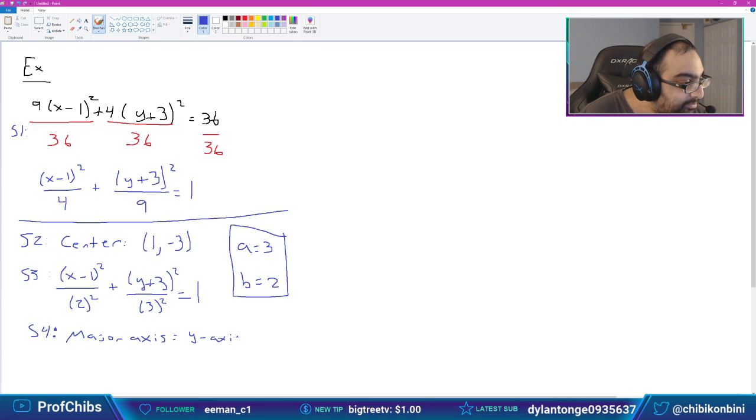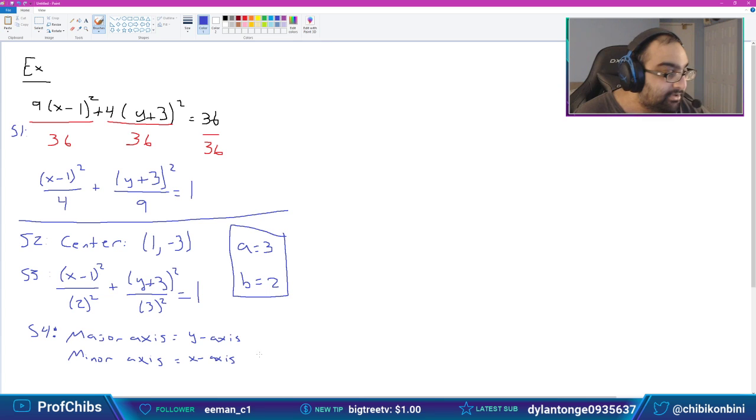Again, because A here, the bigger of the two numbers, is underneath y. Because that's underneath y, that's the major axis there. And we have the minor axis here is the x-axis. Again, just by default, there you go. So far, so good.